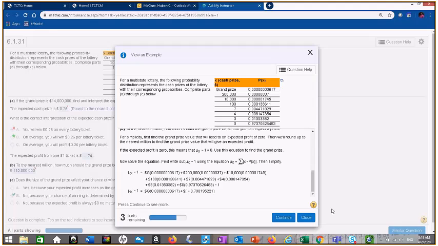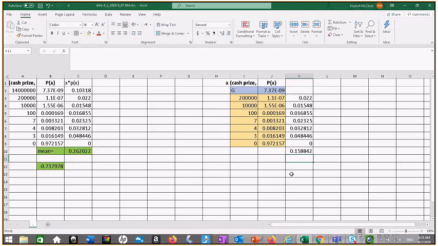And that's going to give us mu minus 1 is equal to G times 0.0000000737 minus, and let's go back to the spreadsheet. Minus 1. So let's go with this number.